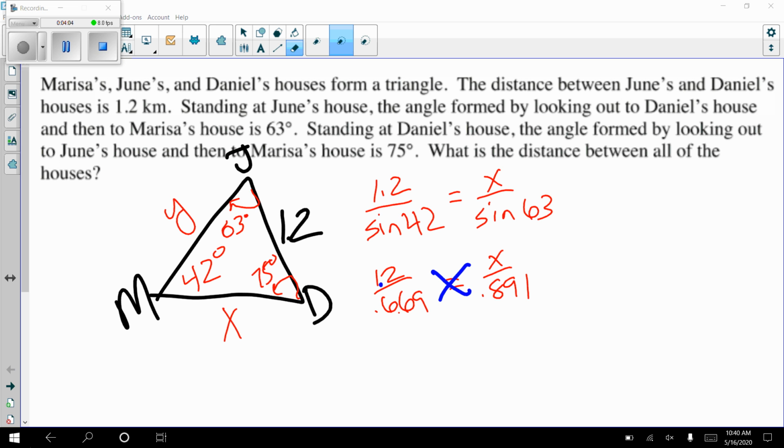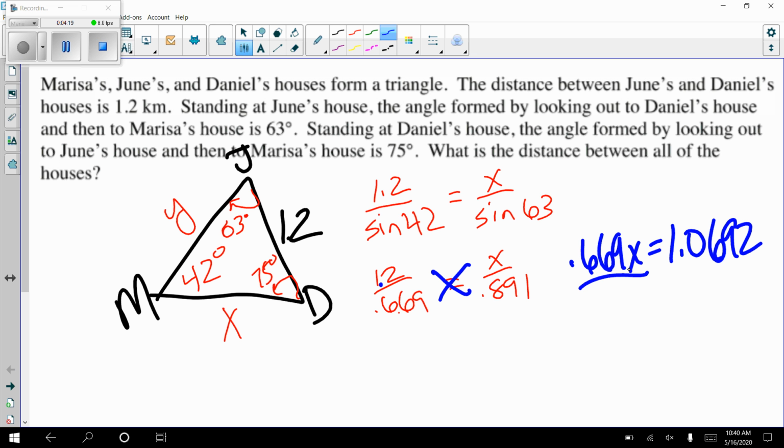Let me get back into pen here. 0.669x equals 1.0692. So if I divide by 0.669, I get x equals 1.6. So 1.6 for that one.